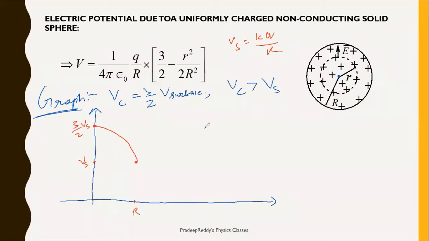And coming to the next part, from the surface, the potential goes on decreasing. So finally at infinity, potential tends to become 0. So here potential decreases, and at this point it is 1 by 4 pi epsilon naught q divided by capital R, and here V is inversely proportional to r.